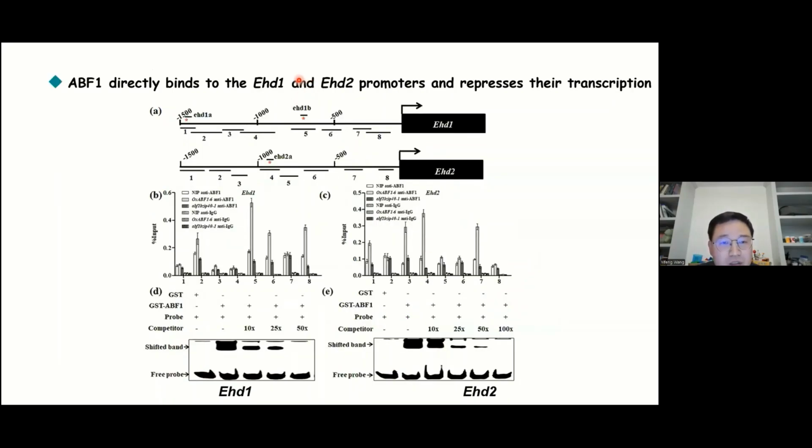So here, based on the above results, we hypothesize whether ABF1 directly binds to HD1 and HD2.